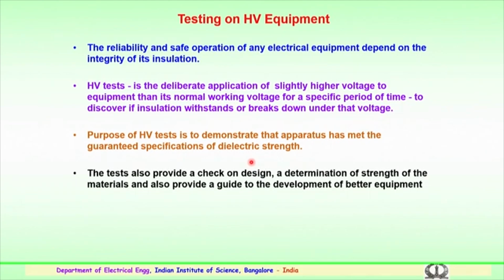These specifications have to be met during the testing of any apparatus. These high voltage tests also provide verification of the design, a determination of the strength of the material, and a guide to the development of better equipment in case the insulation is not able to withstand for a particular equipment.